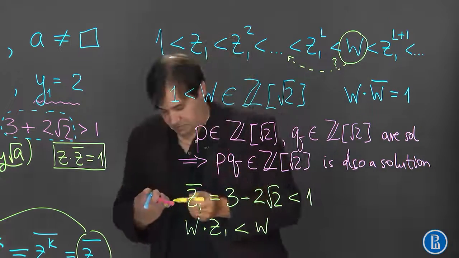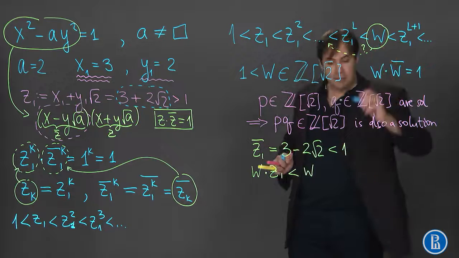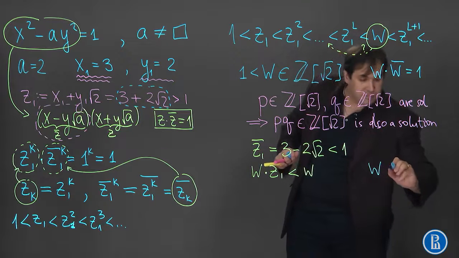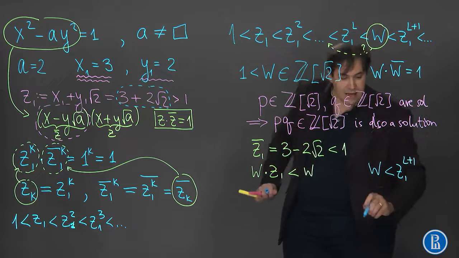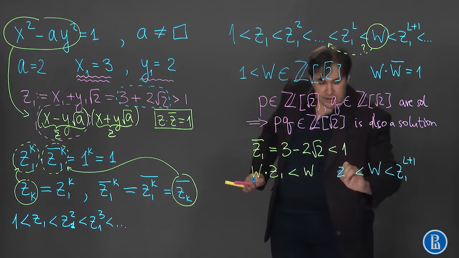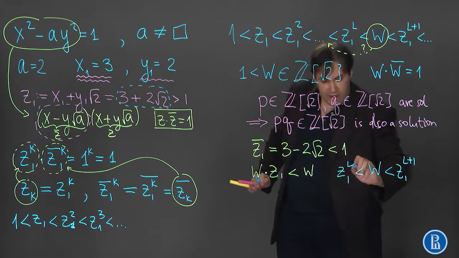Let me explain this one. We know that w is between z1 to the power of L and z1 to the power of L plus 1.